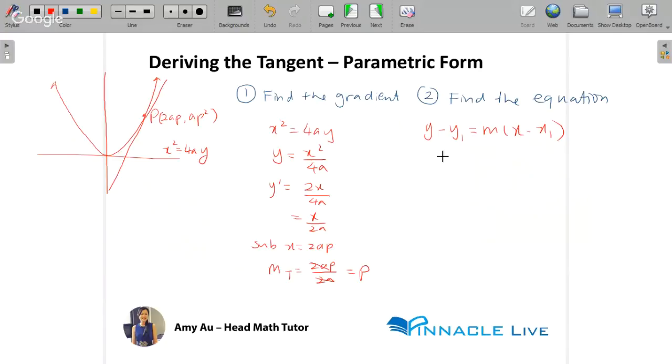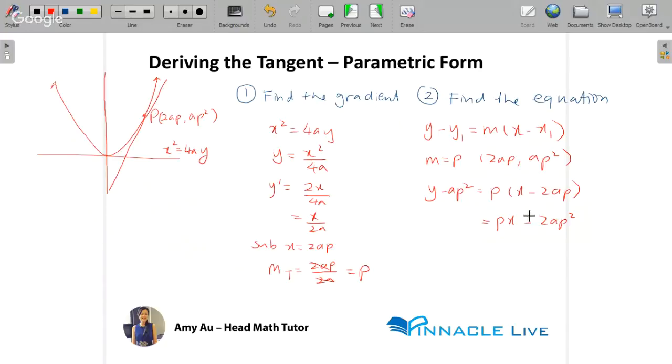Yeah. So the gradient is p. The point is 2ap, ap squared. So subbing that in. Expand.